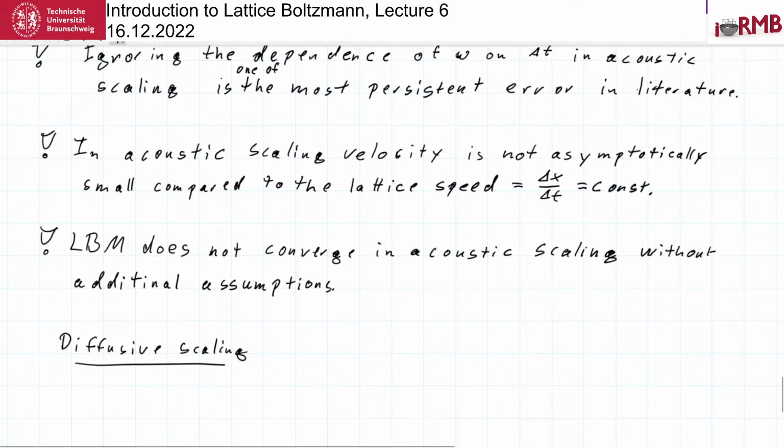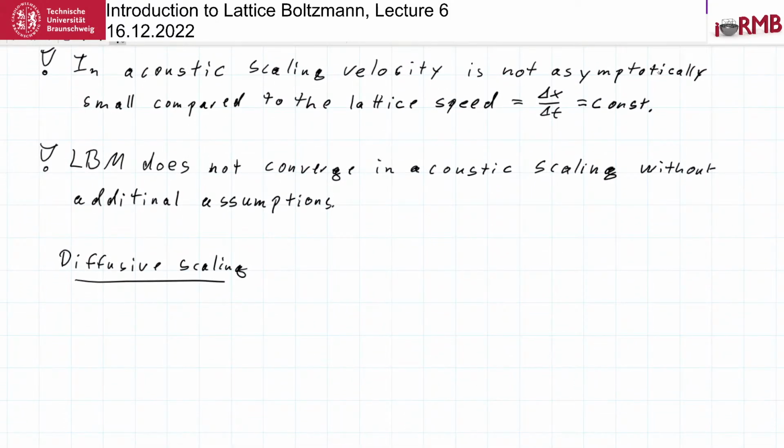So the challenge now is to keep omega independent of the discretization scale, so independent of epsilon.